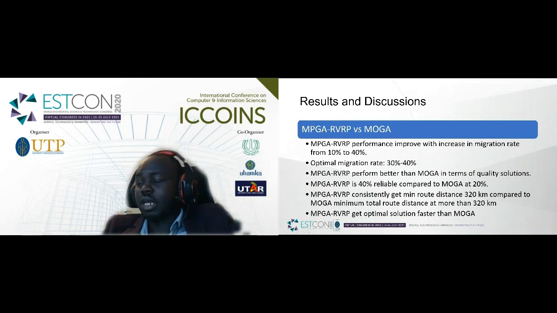We found that our algorithm performs much better in getting the optimal solution, and it is also more reliable, 40% compared to 20% for MOGA. It is also faster than MOGA.